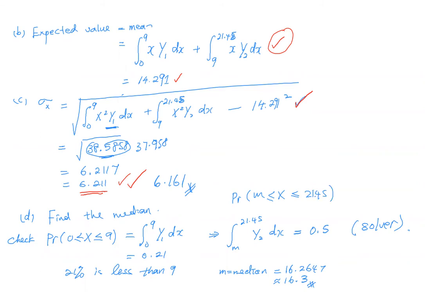Something less than 21.45. If you say something less than 21.45, then I will type in as 9. Can or not? No, it must be more than 9 or so. Correct. That is how you observe. That's why all these things you can observe by yourself.